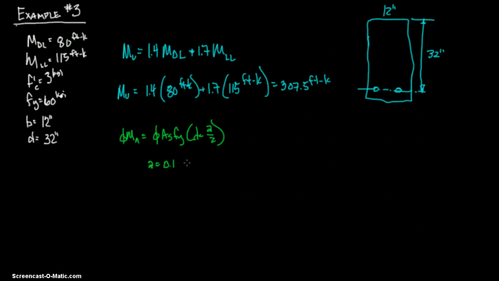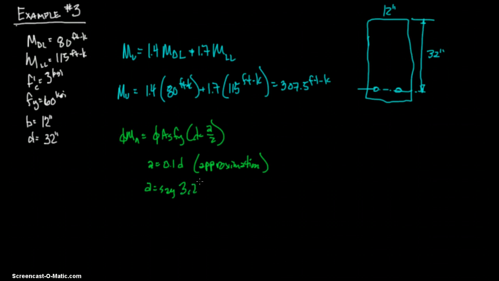Sometimes you can say A equals 0.1D, and this is an approximation. A lot of times engineering is not as exact as you'd like it to be, and that's alright. So A equals 0.1D. If we do that, let's say A equals 3.2.